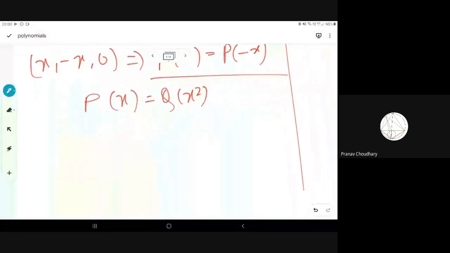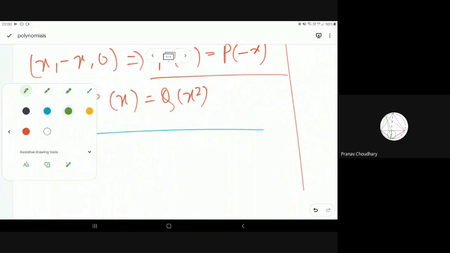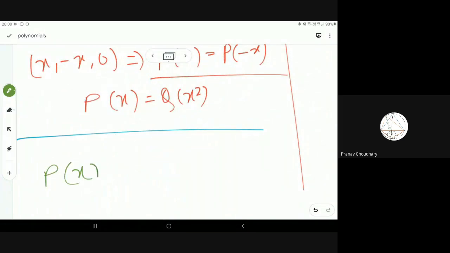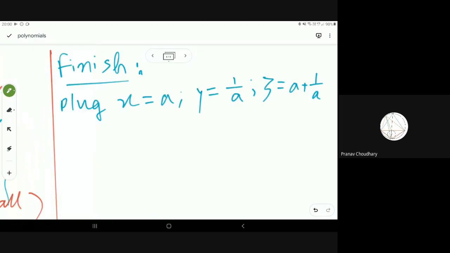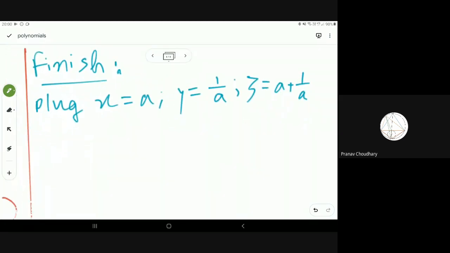So the solution is supposed to be p of x equals k into x squared plus 3. Yeah, so as you can see, the degree is always 2, right? So one finish is if you plug x equals a, y equals 1 by a, z equals a plus 1 by a, right?